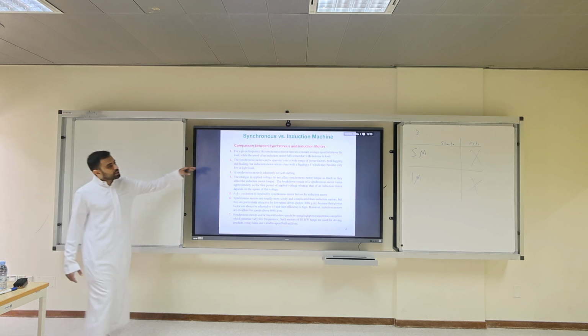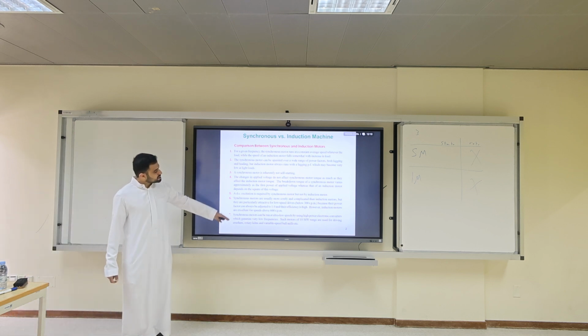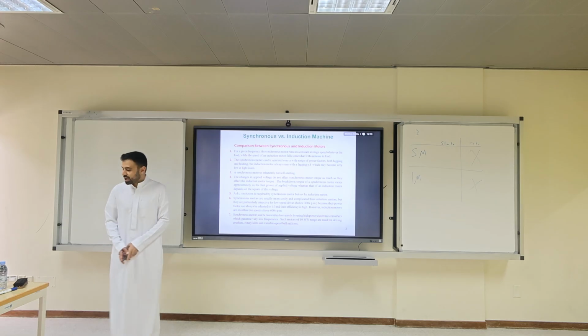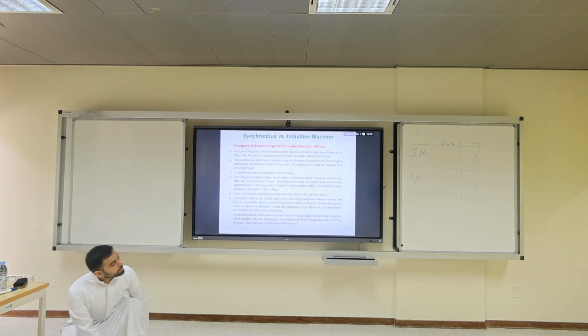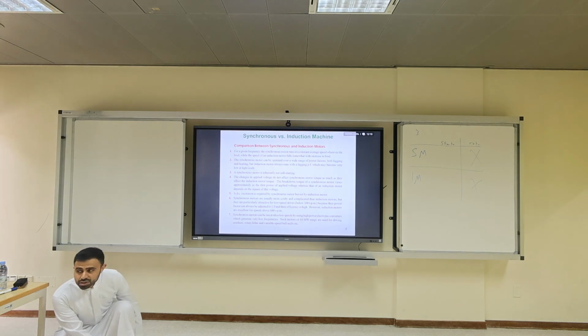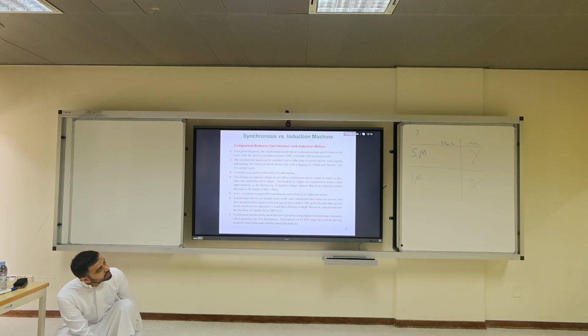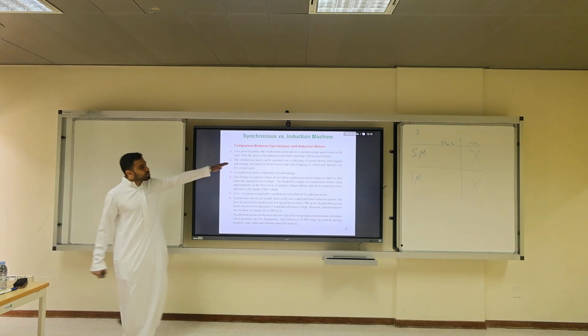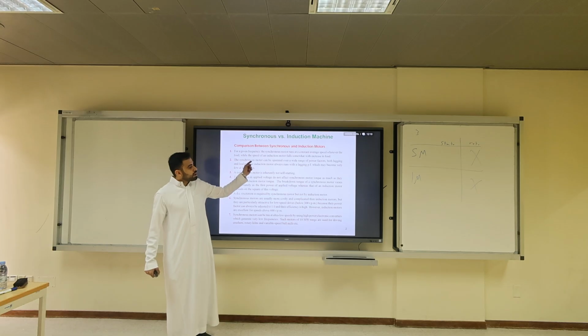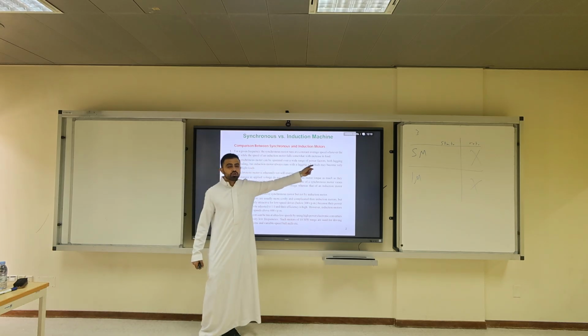So, in these bullet points, there are 7 major differences to compare the synchronous and induction machines. The first one talks about the speeds. The synchronous machine would run at a fixed average speed, while the induction somehow changes its speed. Number 2, the synchronous motor, and this is really critical, runs over a wide range of power factors.